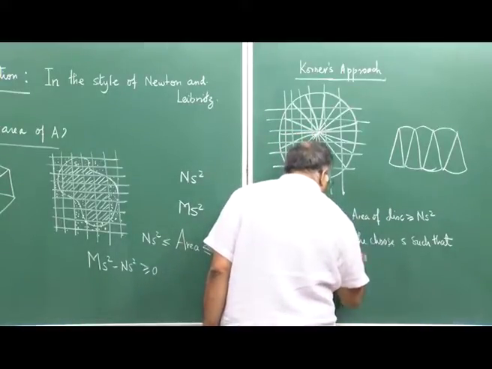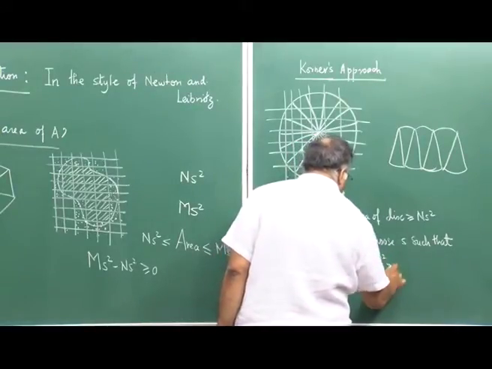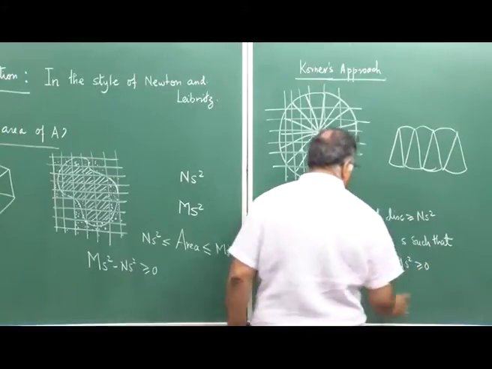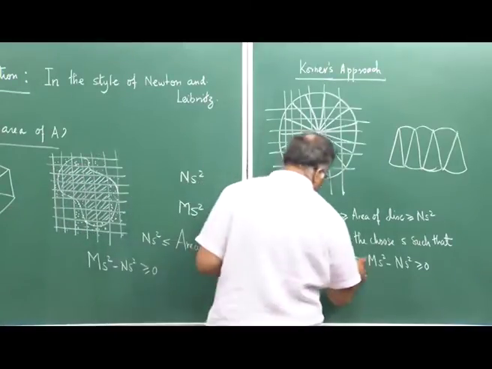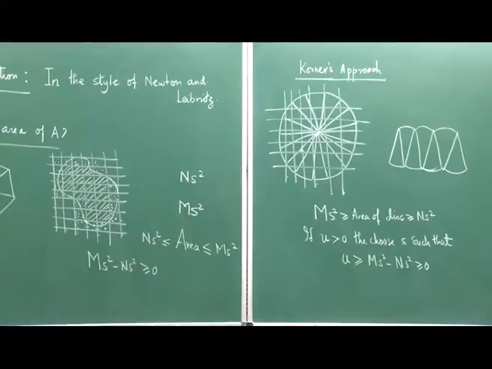That u is controlling the growth of this difference. U is controlling the growth of this difference. U could be greater than or equal to, doesn't matter. So this u is now controlling the growth.